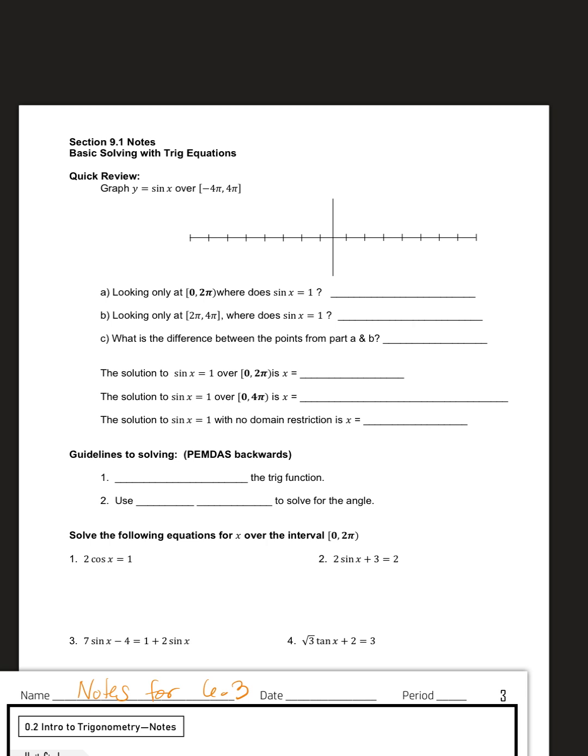What I want to do is remind ourselves a little bit about the parent function, just so that we can really graph. The parent function has a period of 2 pi.